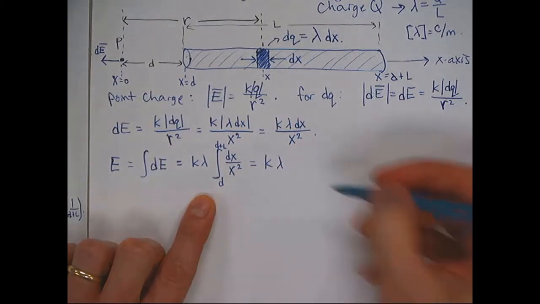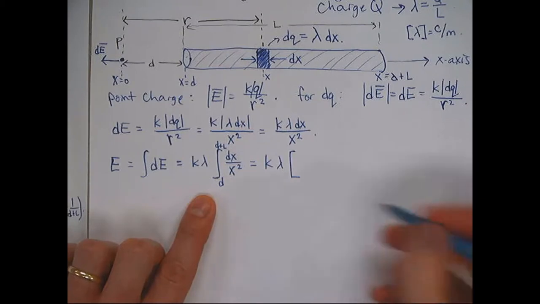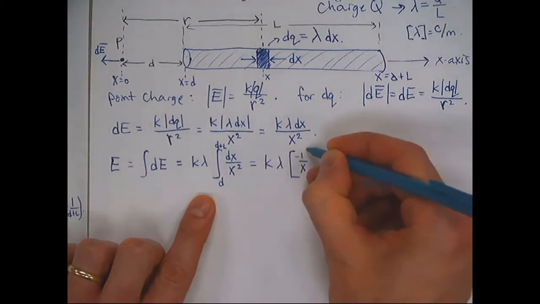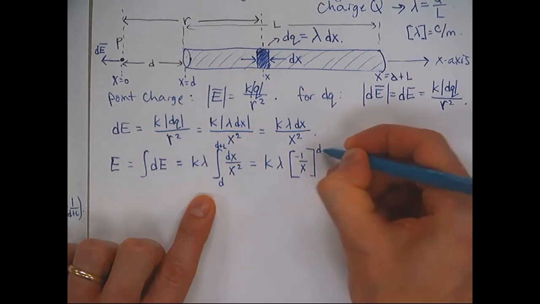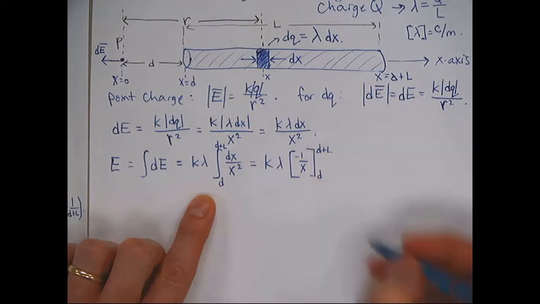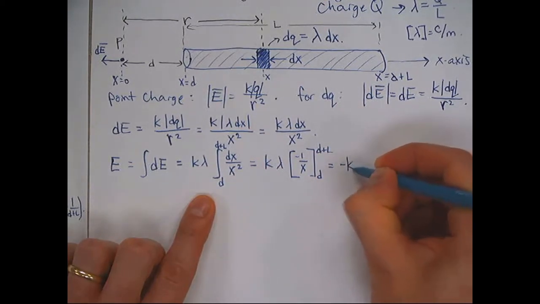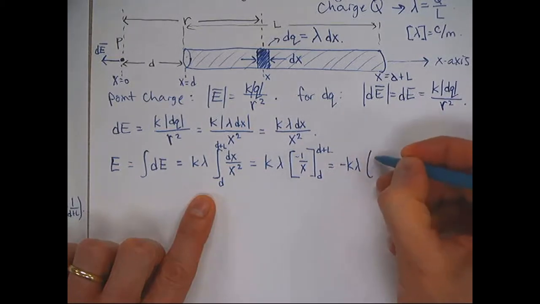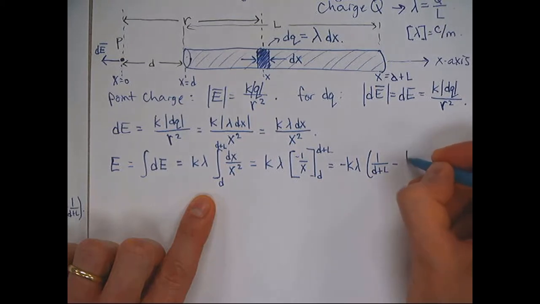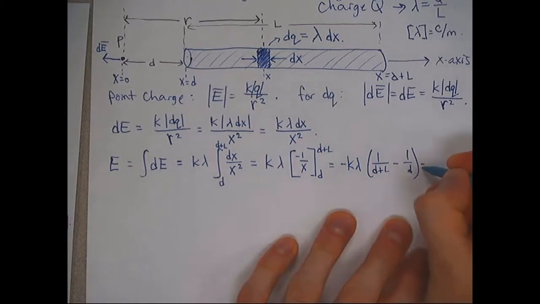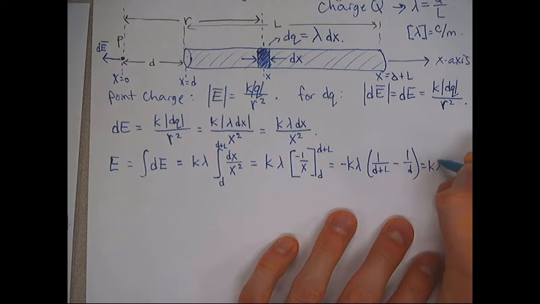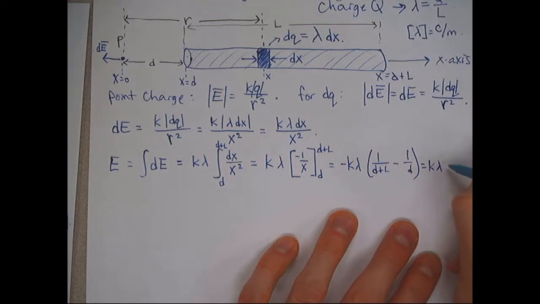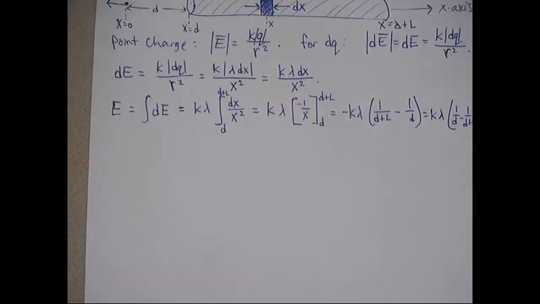Now this is k lambda. Integral of 1 over x squared is minus 1 over x. And we'll evaluate from d to d plus L. Minus k lambda, 1 over d plus L, minus 1 over d, or we could write it positive k lambda, 1 over d, minus 1 over d plus L. Well, this is step 7.